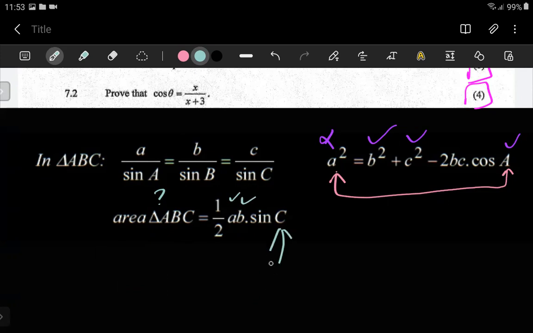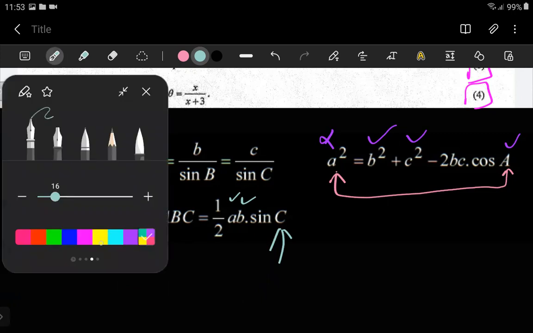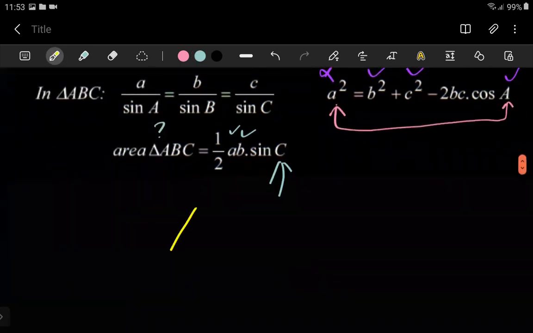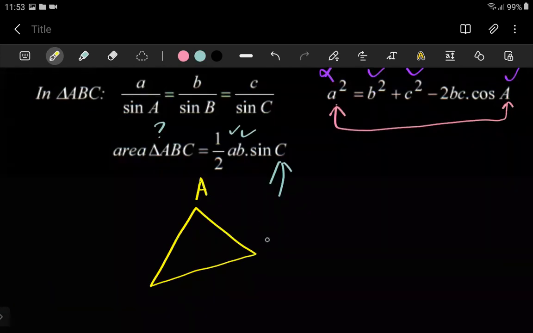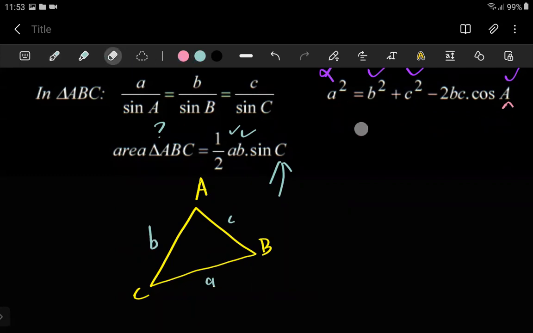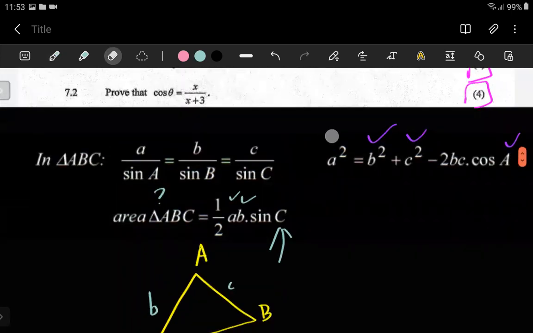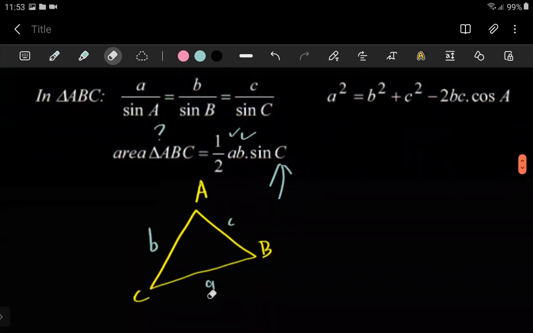Then we can use this formula, because with these formulas, always just think of a generic triangle where you have A, B, C, and then here you have tiny c, tiny b, tiny a. You see, so whatever formula you're going to use, for you to judge if you have enough information, just use this idea.